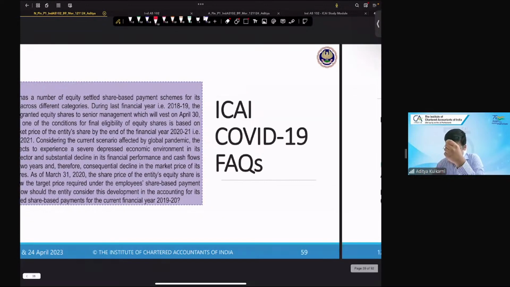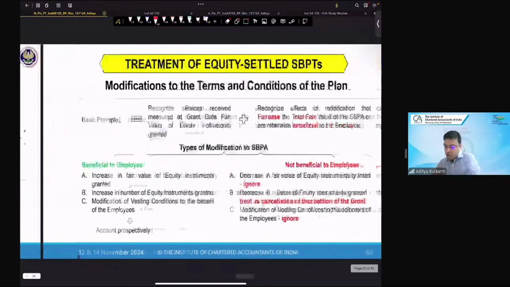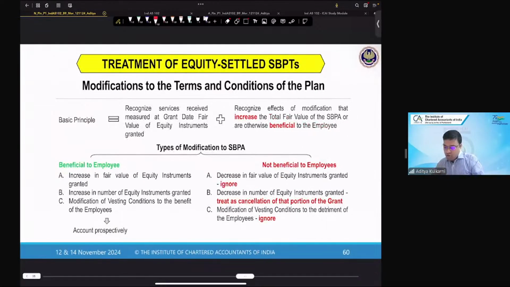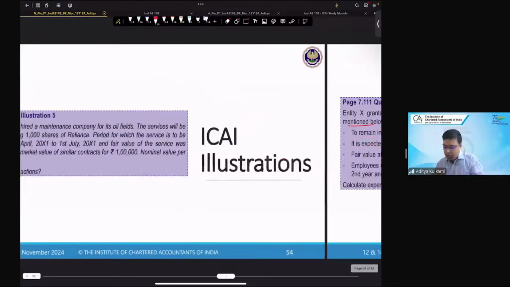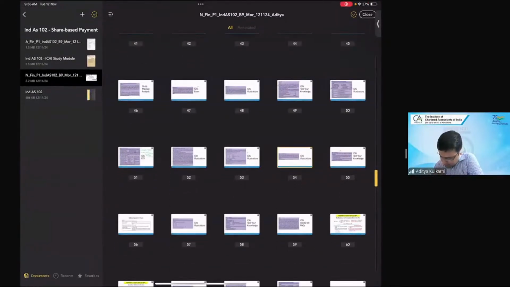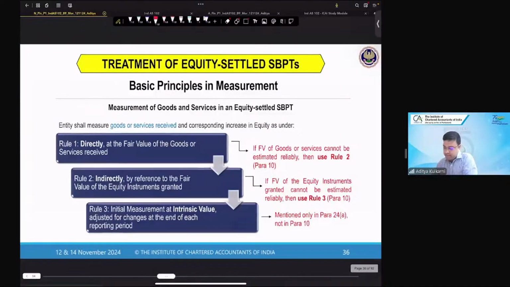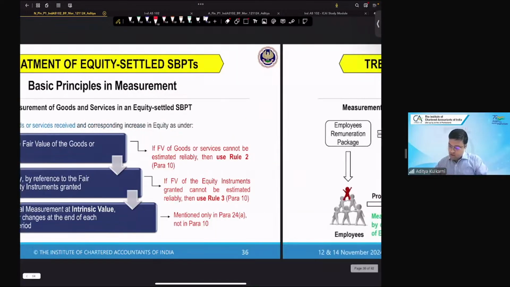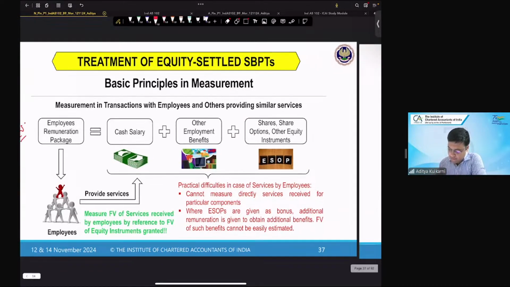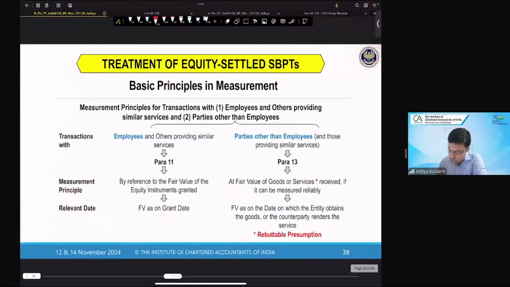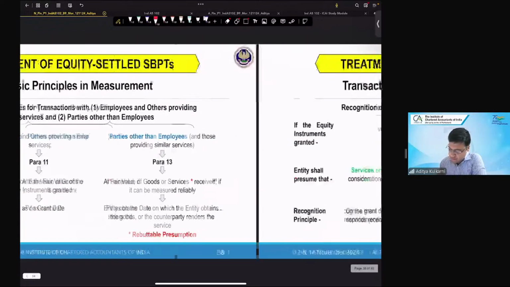What I want you to do is go through this theory if you can. Much of what we have discussed, I have already mentioned in the theory. Basic principles in measurement, you can read this for homework.